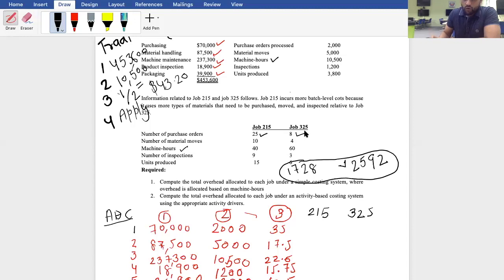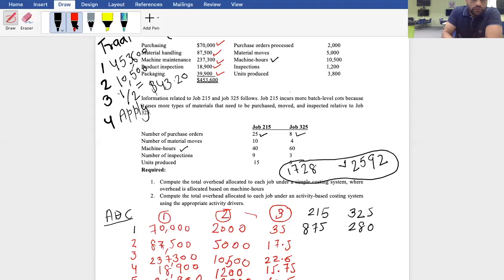So for job 215, which is 35 multiplied by 25, which is 875, all right? For job 325, which is 35 multiplied by 8, which is 280.